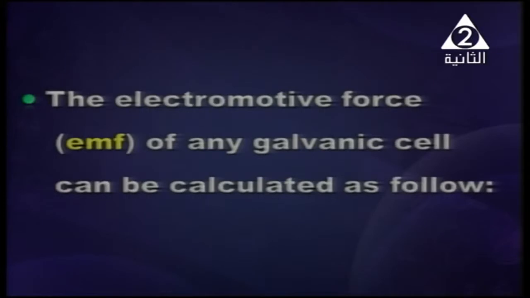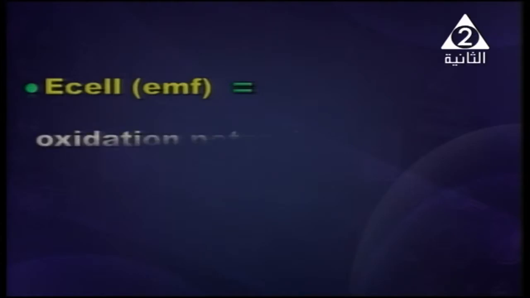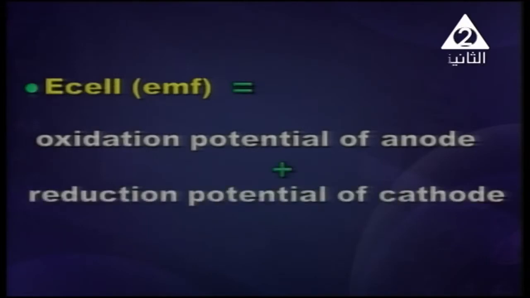The electromotive force or EMF of any galvanic cell can be calculated as follows. Number 1, E cell or EMF of any galvanic cell equals oxidation potential of anode plus reduction potential of cathode.